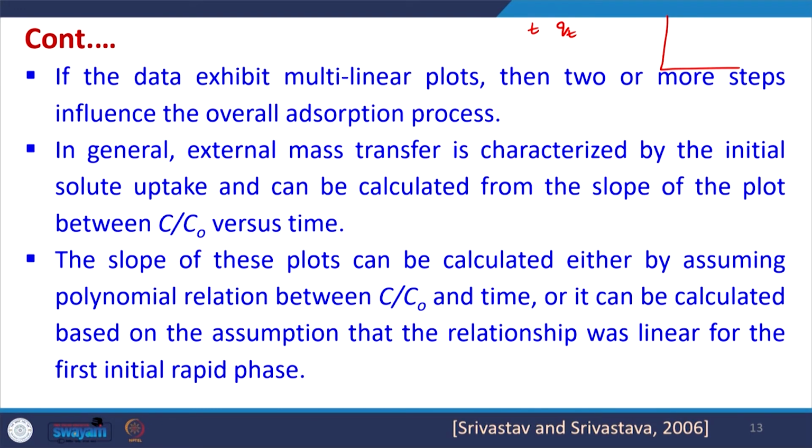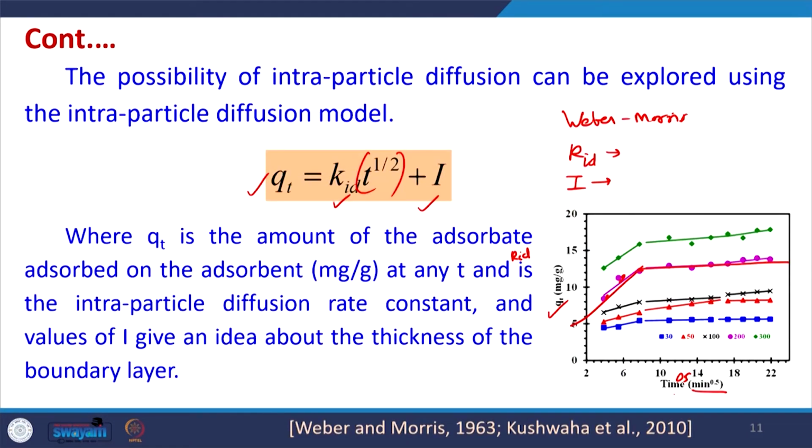If the data exhibits multilinear plots, then two or more steps are influencing the overall adsorption process, and whichever process is slower controls it. In this case this process is slower because, despite the time increasing, the adsorption capacity is not increasing that much. So this second step is the rate controlling step under that condition.